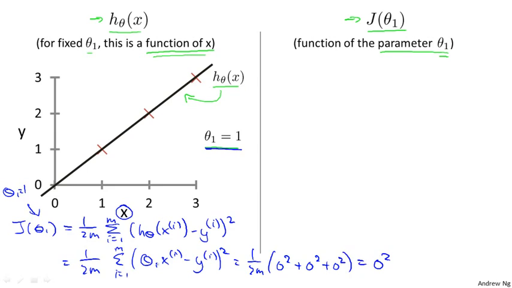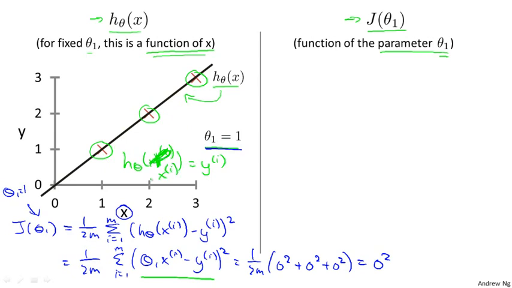Now, inside the cost function, it turns out each of these terms here is equal to 0 because, for the specific training set I have, where my 3 training examples are at (1, 1), (2, 2), (3, 3), if theta 1 is equal to 1, then h of xi is equal to yi exactly.